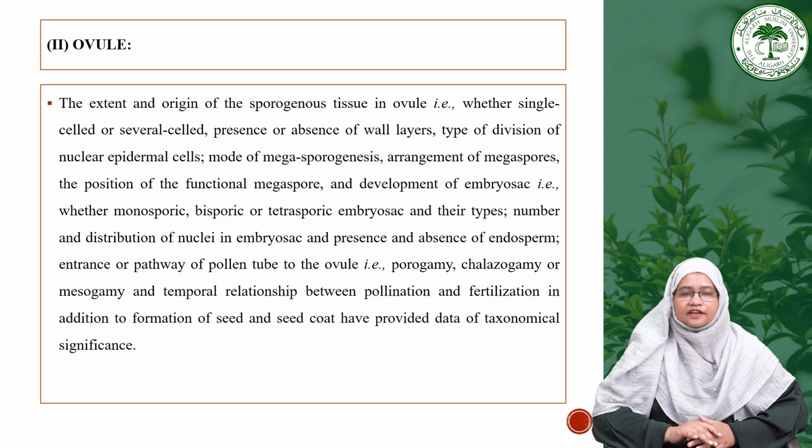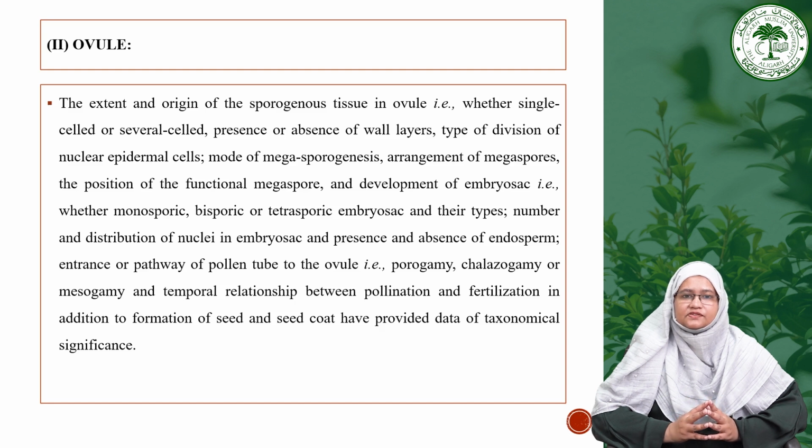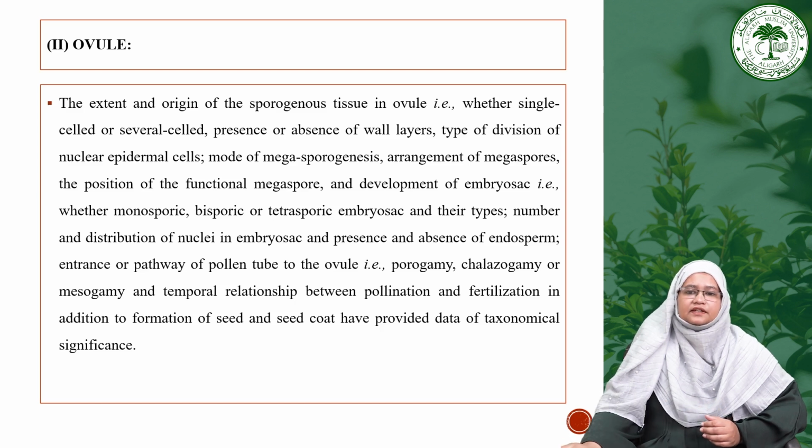And the extent of origin of sporogenous tissue in the ovule, whether single-celled or several-celled, presence or absence of wall types, types of division of nucellar epidermal cells, mode of megasporogenesis, arrangement of megaspores, the position of functional megaspores, and the development of embryo sac, that is whether monosporic, bisporic, tetrasporic embryo sac and their types.